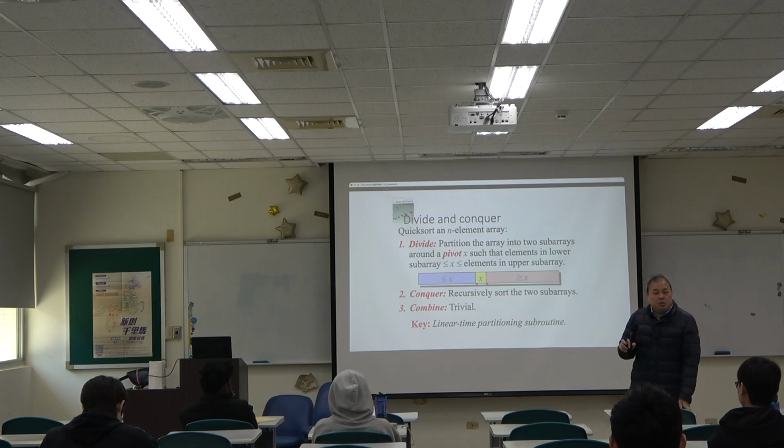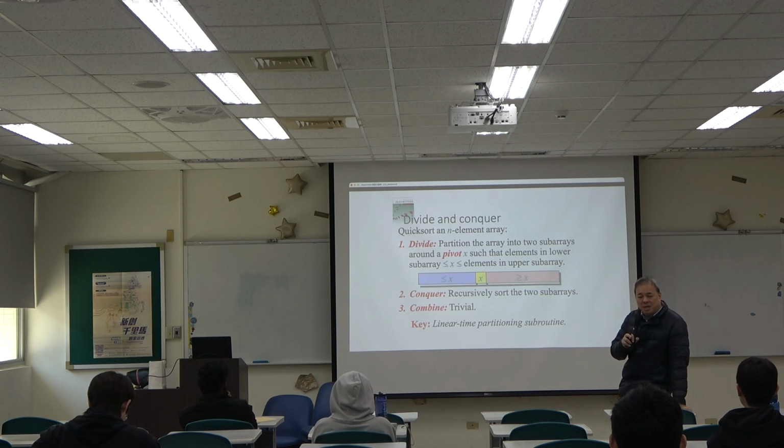But one thing for sure is that at the end of the divide, the pivot is already in its rightful place. It doesn't have to be moved any longer. It is already at its final location.